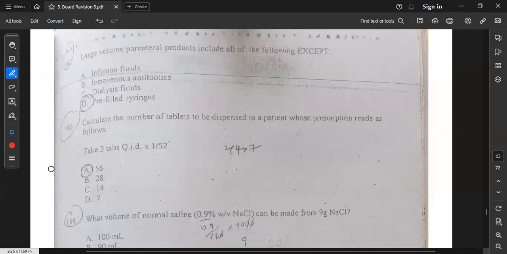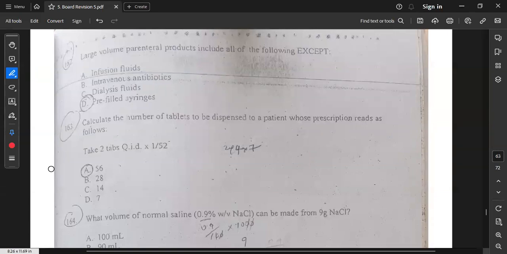Now, next, large volume parenteral products include all the... Excuse me, Asamhan. She said buffers, antioxidant, and what else? Preservative, surfactants, or surface active agents. Okay.